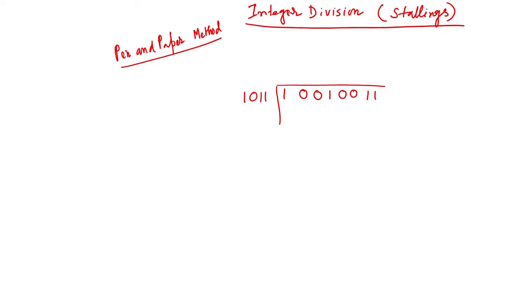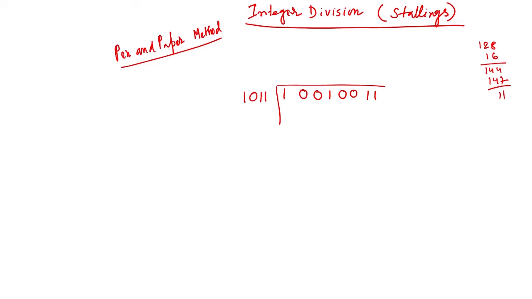So this number is 147, and we are dividing 147 by 11.